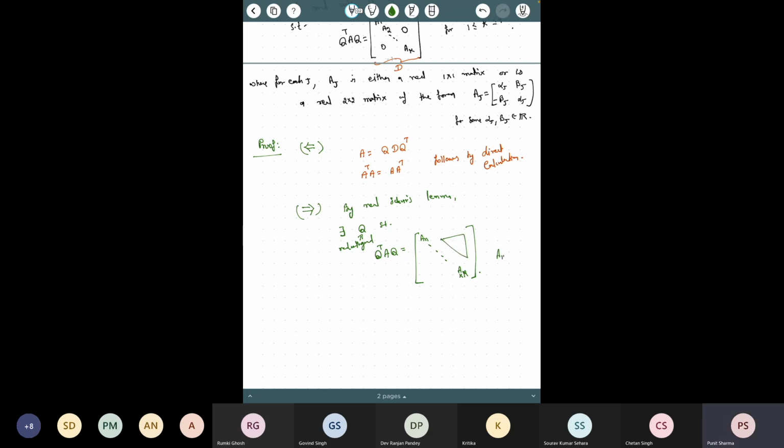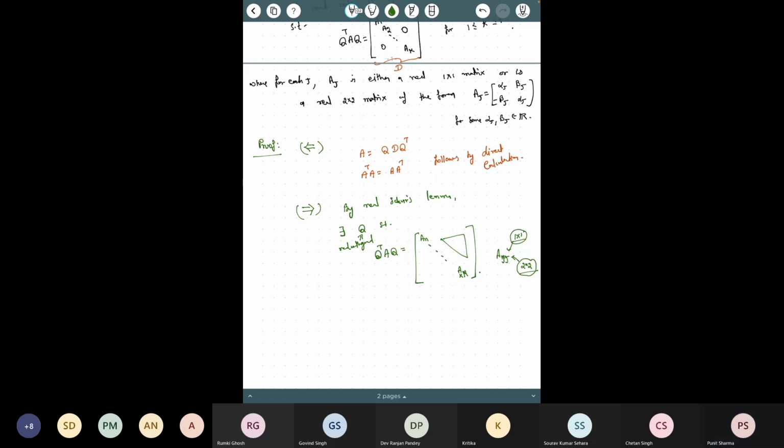So these A_jj blocks here are either 1 cross 1 or 2 cross 2 real matrices. If 1 cross 1, they correspond to real eigenvalues, and the 2 cross 2 blocks correspond to complex conjugate eigenvalues of A.